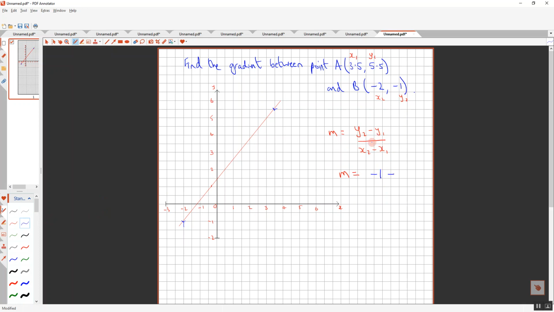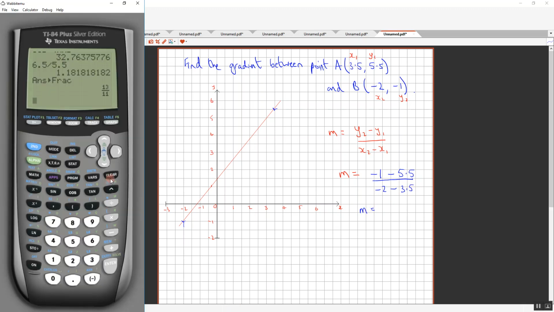We're going to subtract off y1, which is 5.5. We're going to divide all of that by x2, which is -2, and subtract off x1, which is 3.5. And then we can put this into our calculator and do it all in one go.